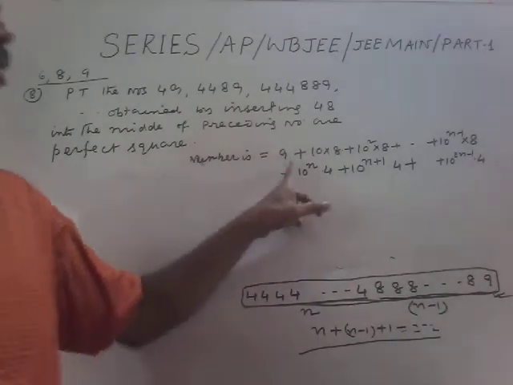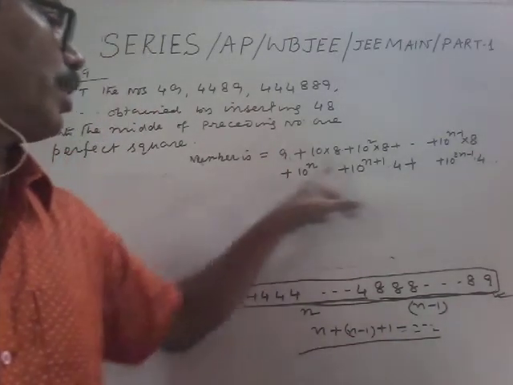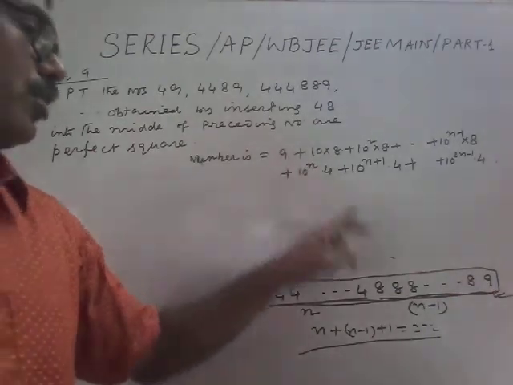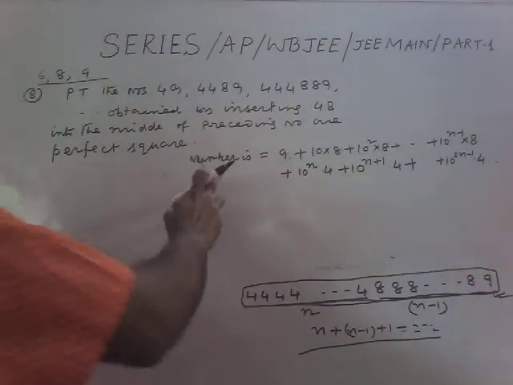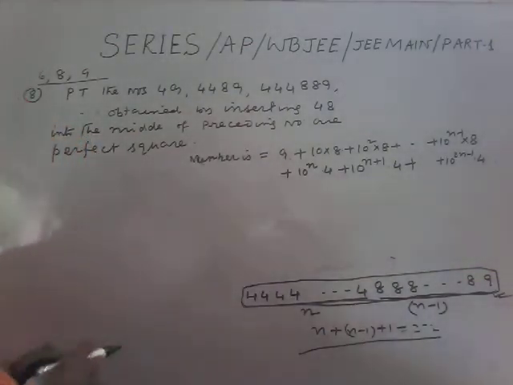Look, total terms up to this is 2n minus 1 and the 9 alone. So the total number of terms is 2n. So we are getting the nth number as this.